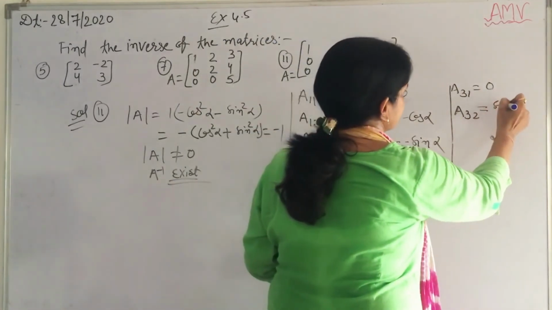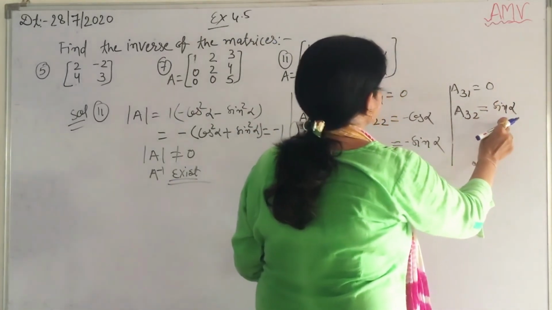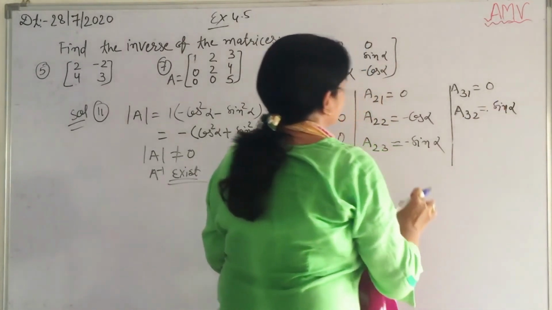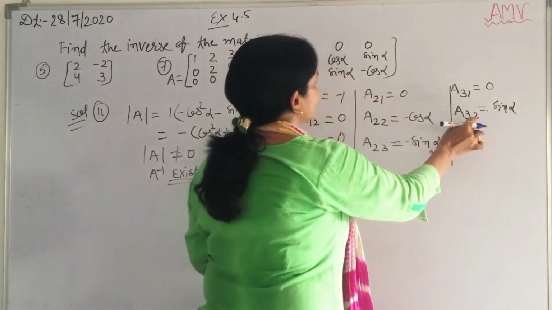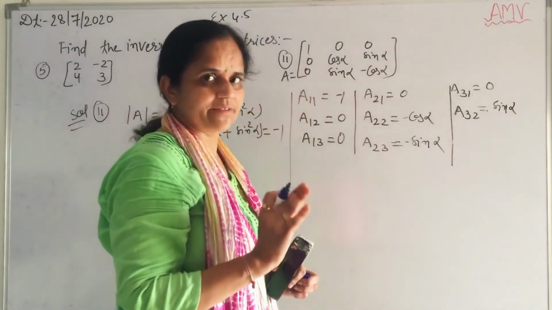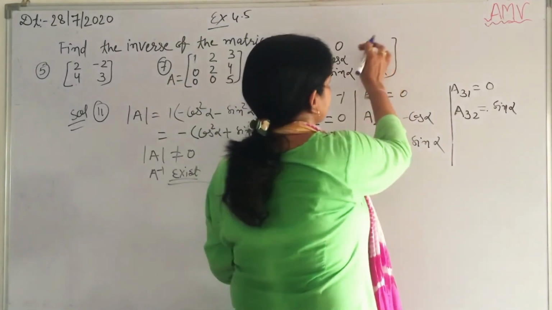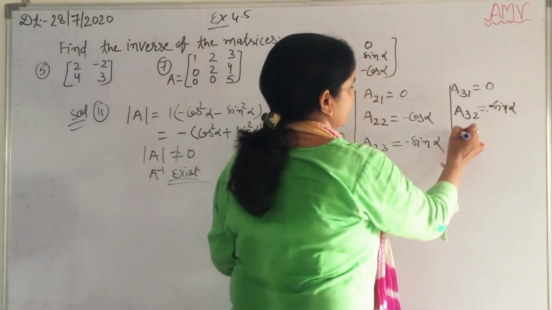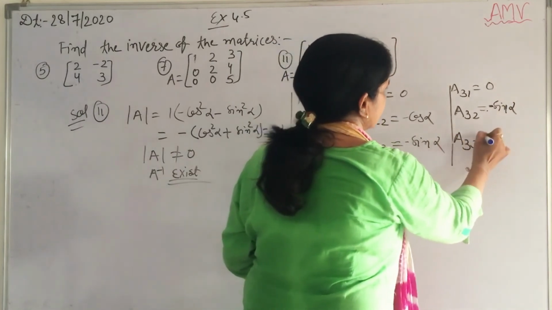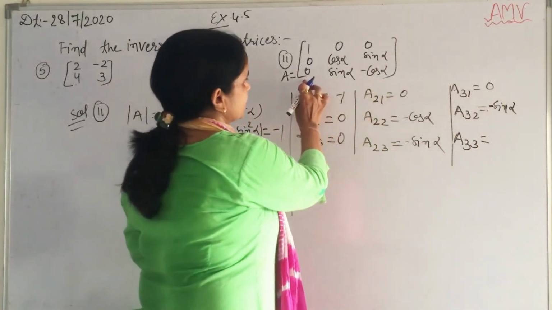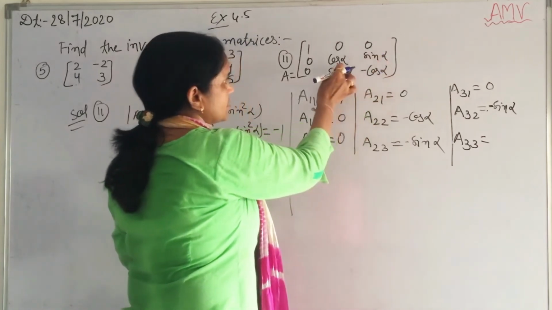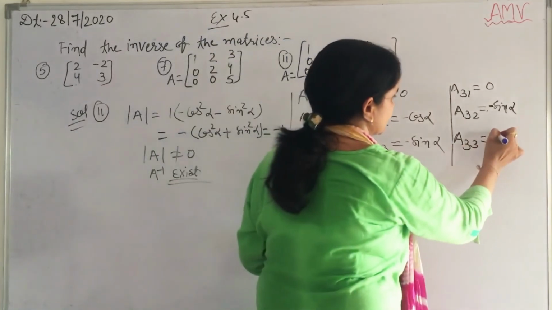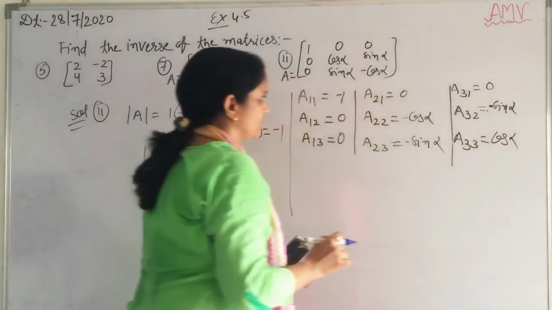So here it is sin alpha, students. Okay. And it's 3 and 2. 3 plus 2, 5 odd number. And it is not a diagonal element. So here it is a minus sign. Now A33. For this third row, third column, cos alpha multiply with 1. So it's cos alpha. Okay.